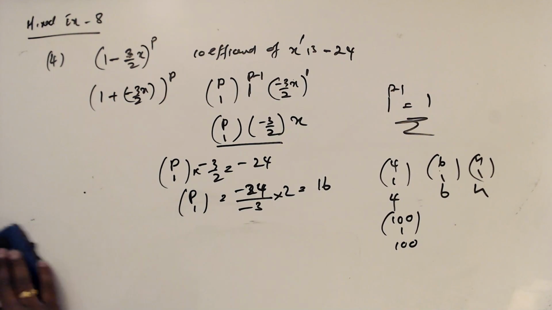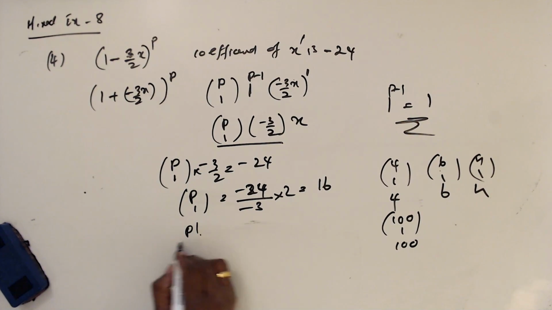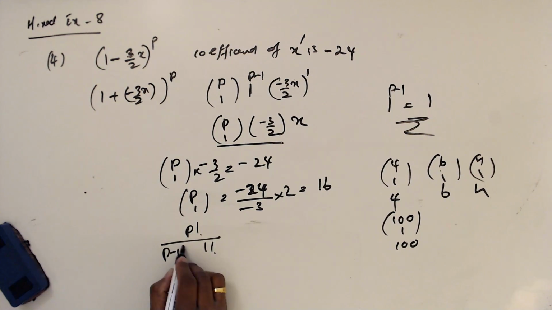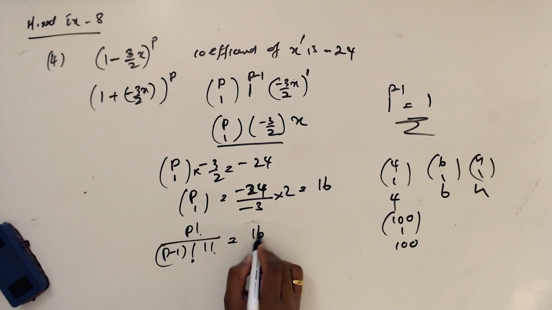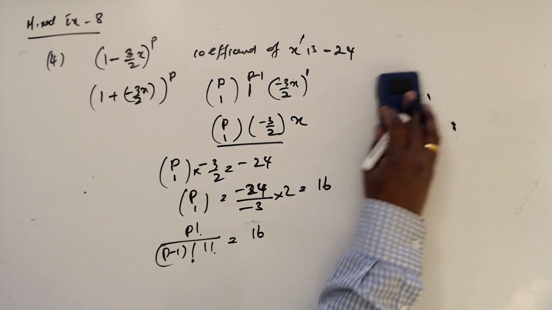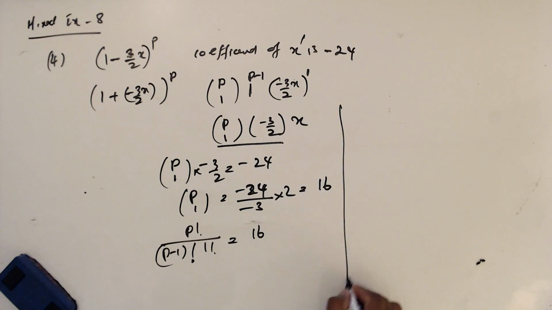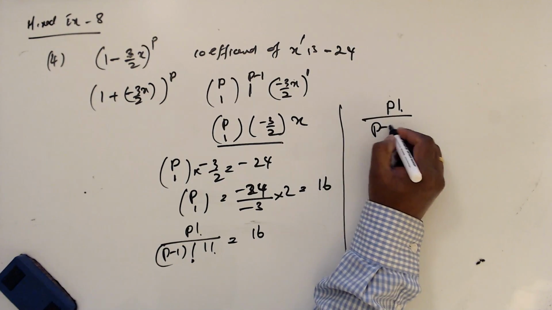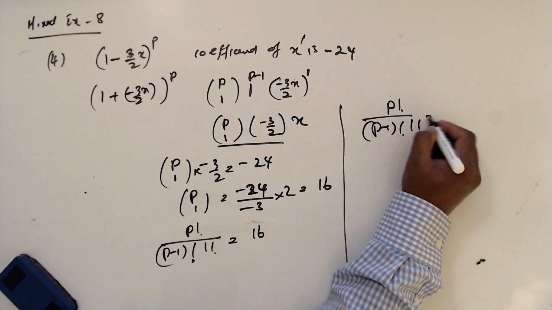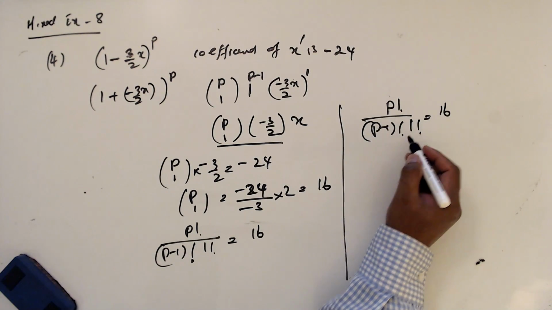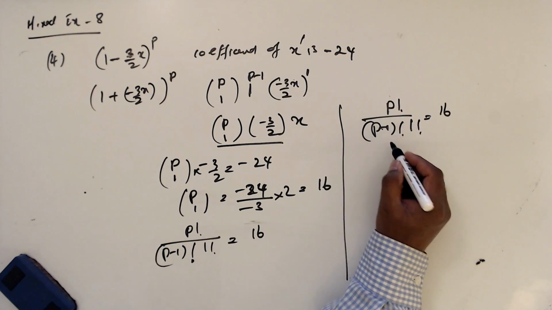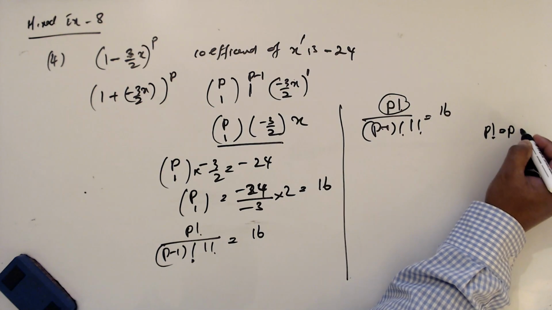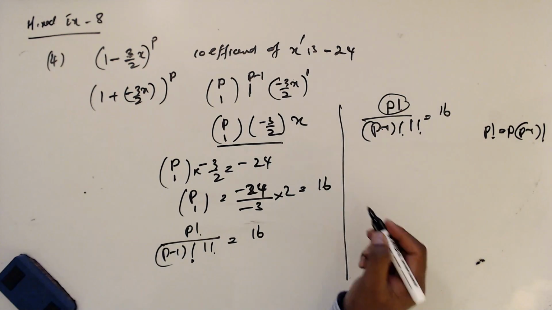Or we can give a calculation: factorial p divided by factorial 1 times factorial p minus 1 equals 16. Now p minus 1 factorial, p I can write as p times p minus 1 factorial.